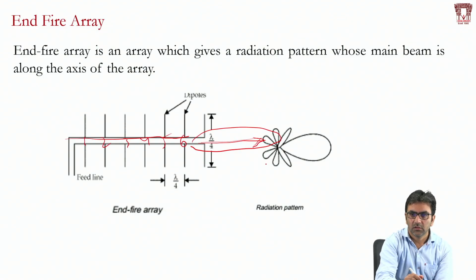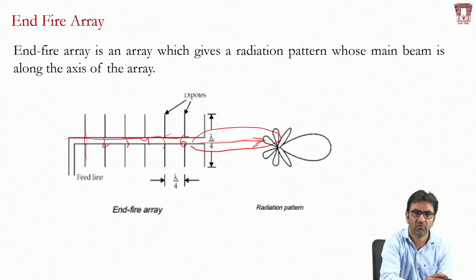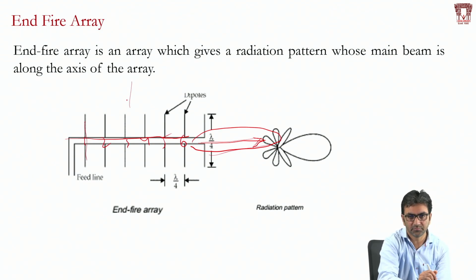Okay, now how can we get, with the same set, here also we have 4-5 antenna elements, and in broadside antenna array we have 4-5. How we can get an end fire array and how we can get a broadside array? That is how we can get a main beam in this direction or how we can get a main beam in this direction.